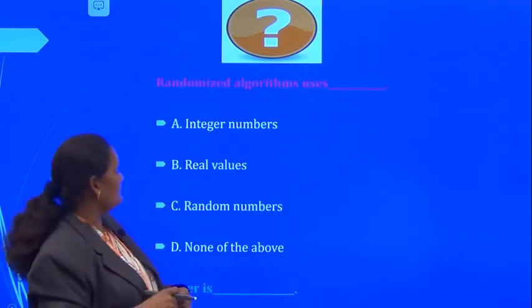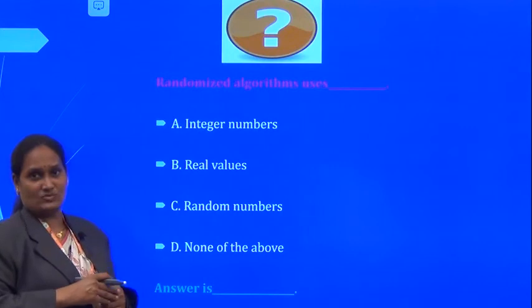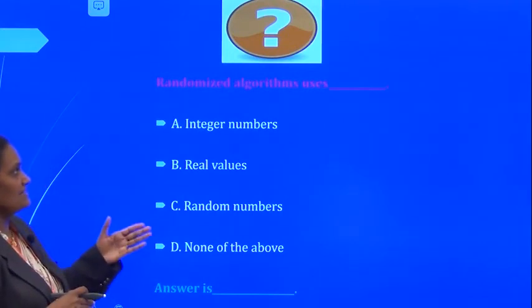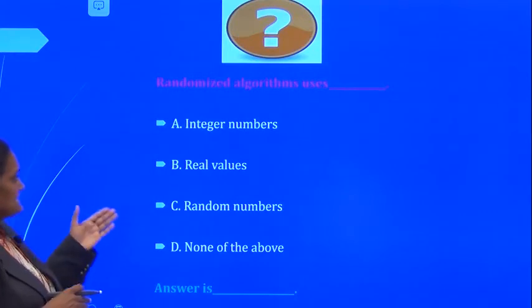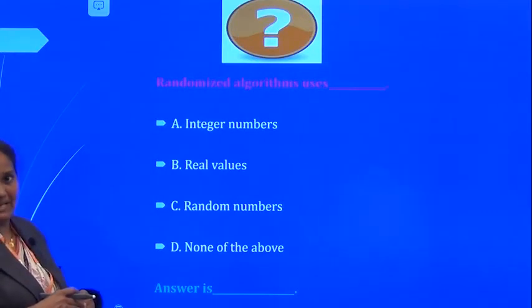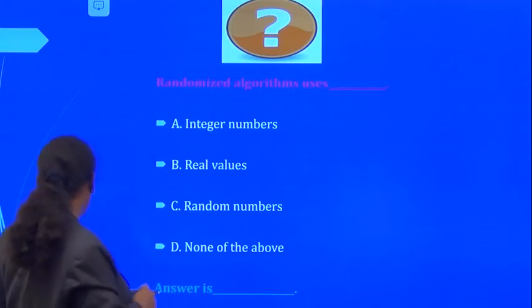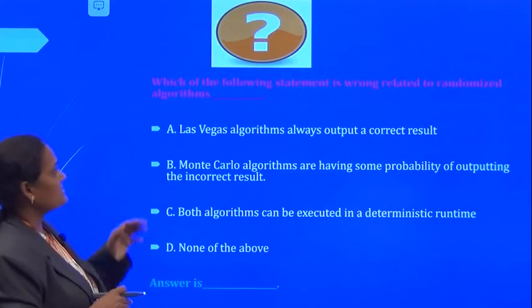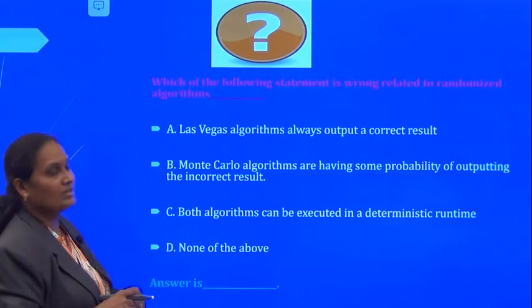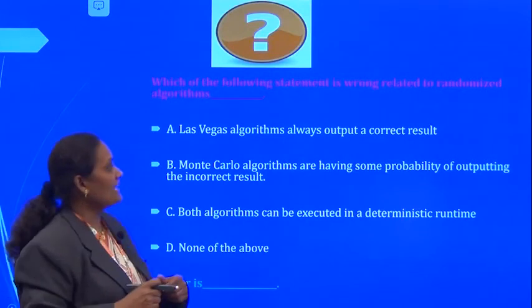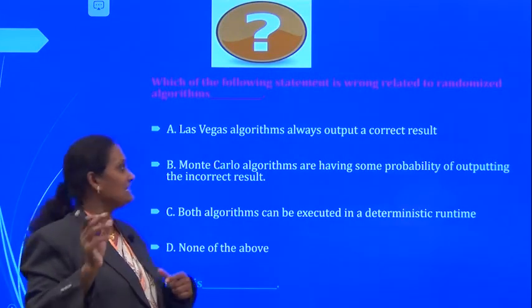To assess yourself, I have given some questions. Let us see these questions and answer them. The first question is: randomized algorithms use option A, integer numbers, option B, real values, option C, random numbers, or option D, none of the above. The next question is: which of the following statements is wrong related to randomized algorithms? Option A, Las Vegas algorithms always output a correct result.